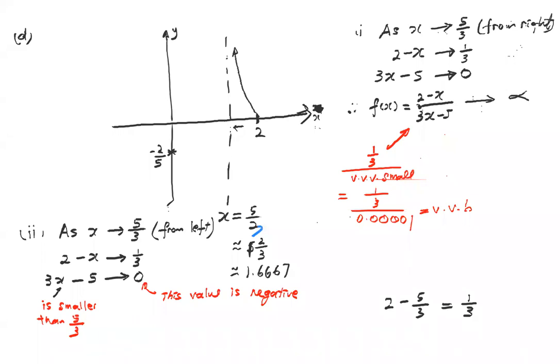Am I right? Okay. So therefore, my fx, which is 2 minus x divided by 3x minus 5, will approach what? Yeah, will approach negative infinity.